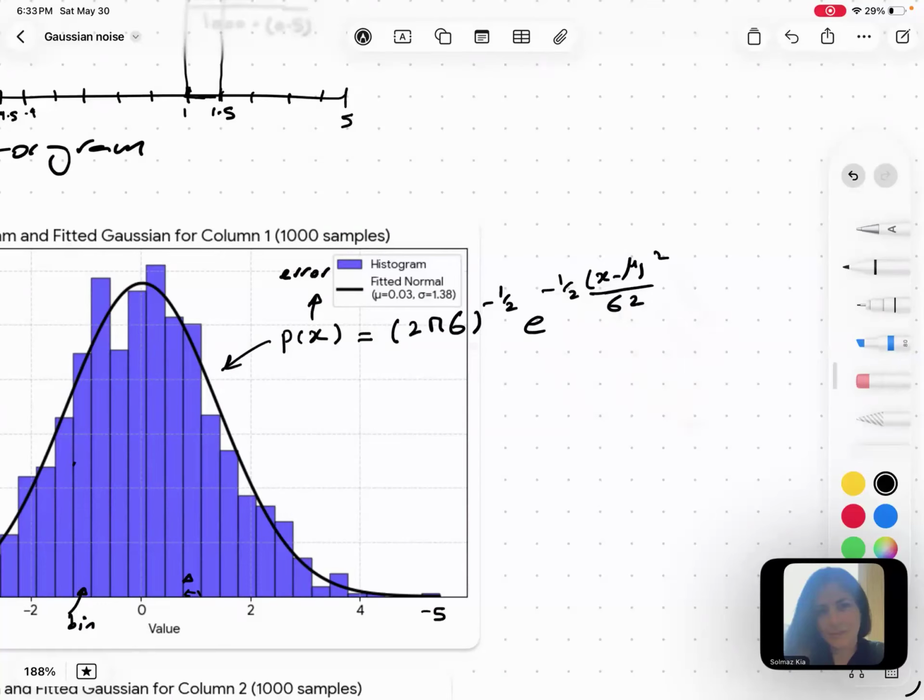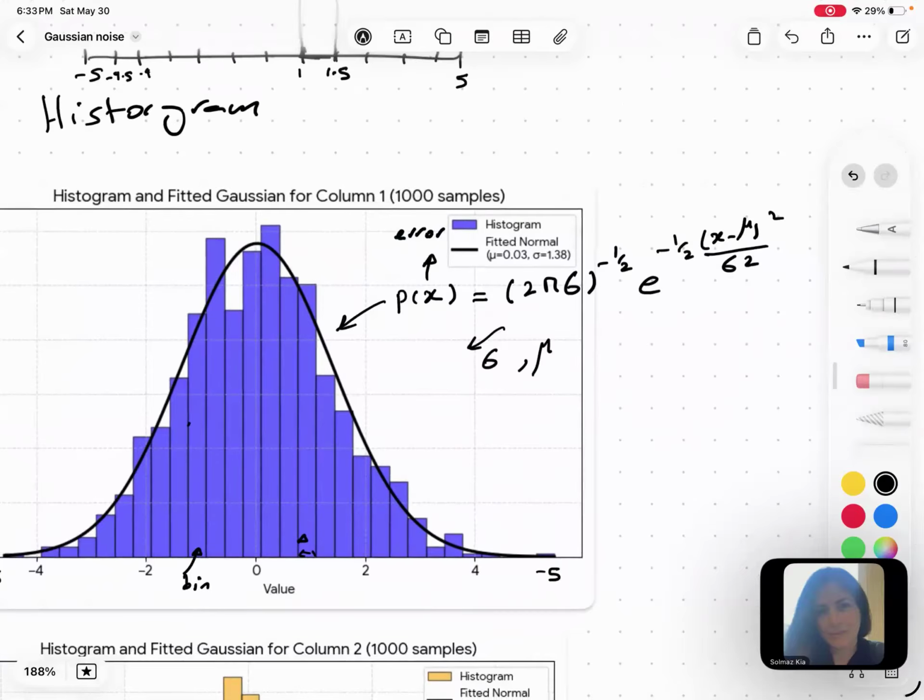So by fitting it, it means that we know the form of the Gaussian distribution. We just look for what value of sigma and what value of mu make this curve fit our histogram. And MATLAB can do this for us.